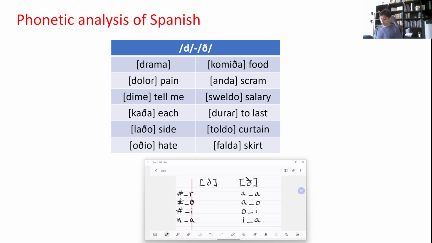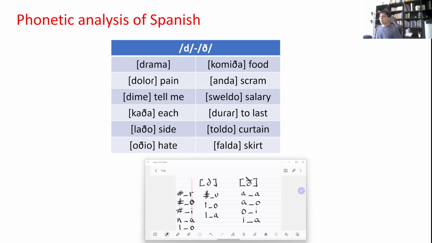For sueldo, then we have the L, sueldo. Durar, we have that durar is at the beginning, right? Durar, for toldo, and finally for falda.